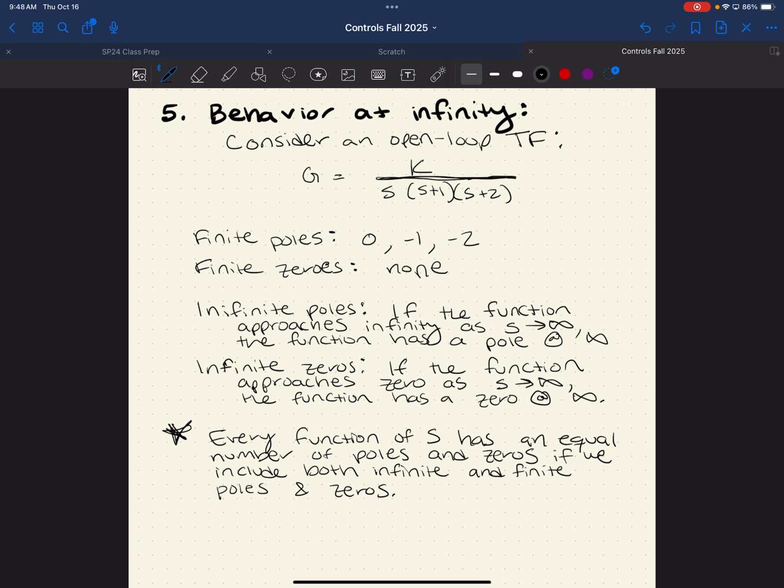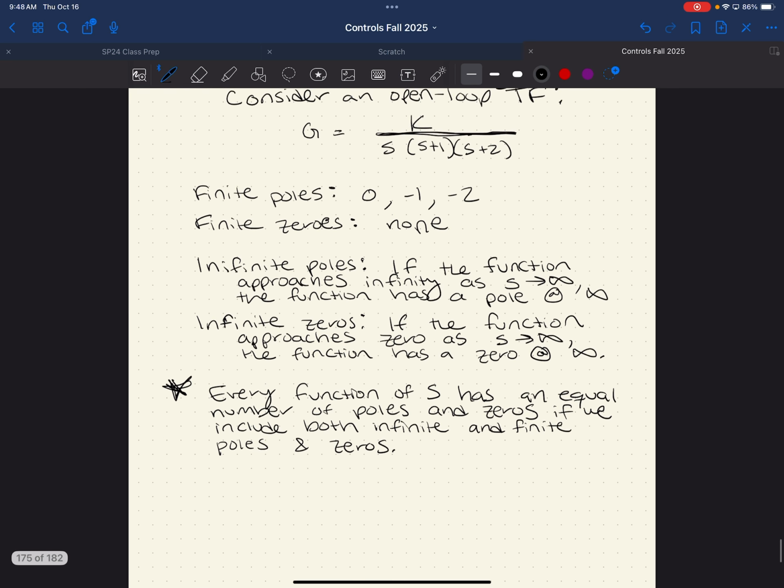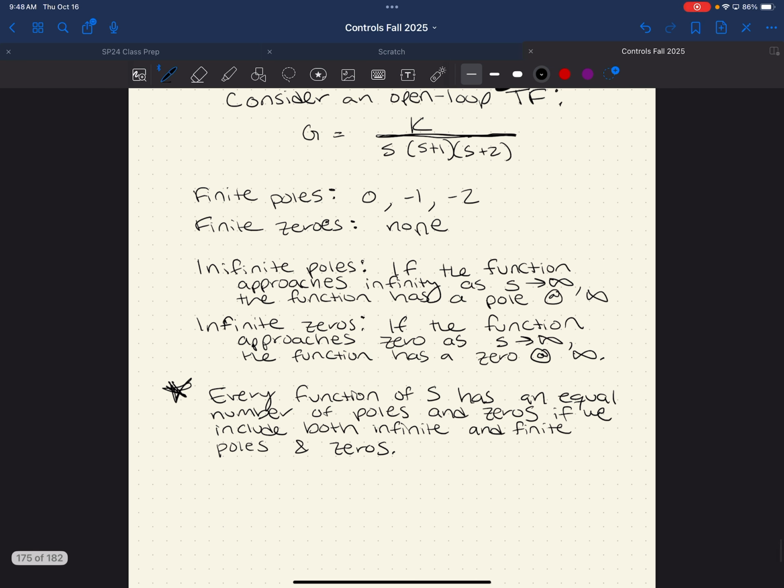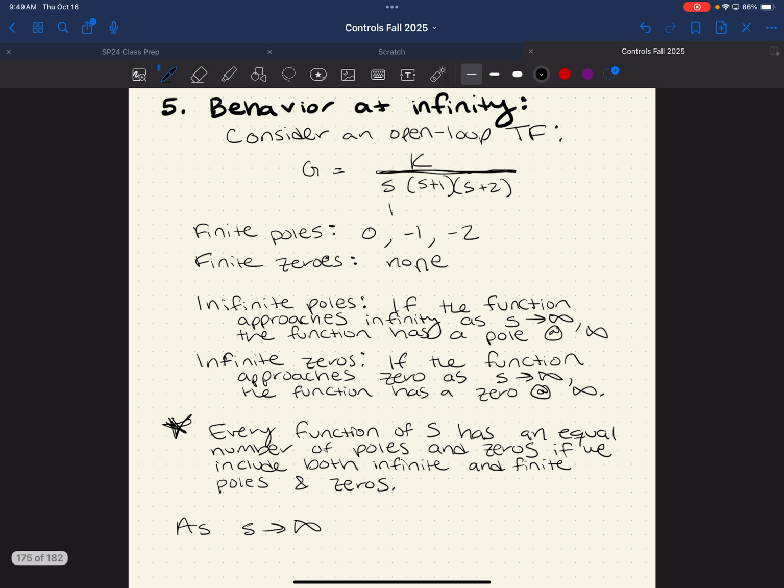Okay, so let's see. For the other way that we can look at this and know that there are 3 infinite zeros, we can see that as s goes to infinity. So what if we plugged in infinity here, infinity here, infinity here? Well, what is infinity plus 1 really? It's just infinity. What is infinity plus 2? It's really infinity.